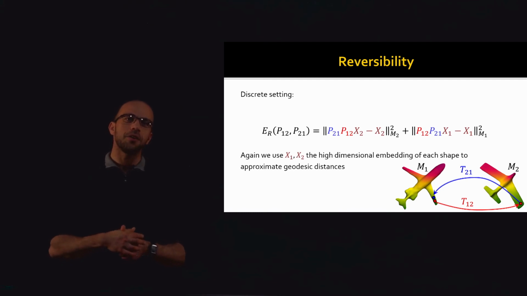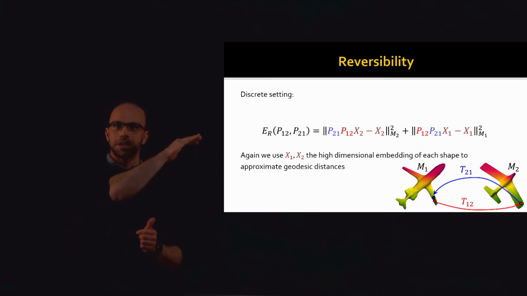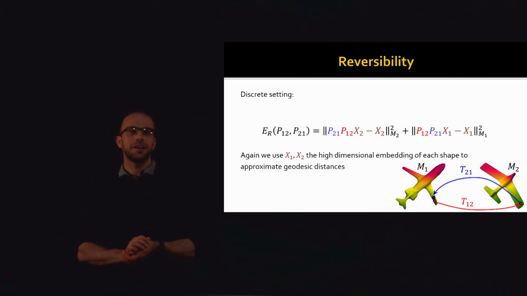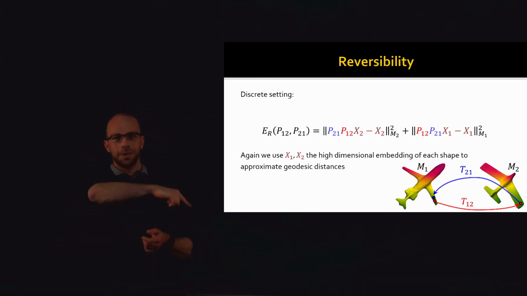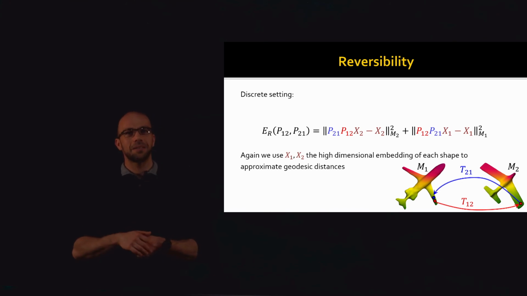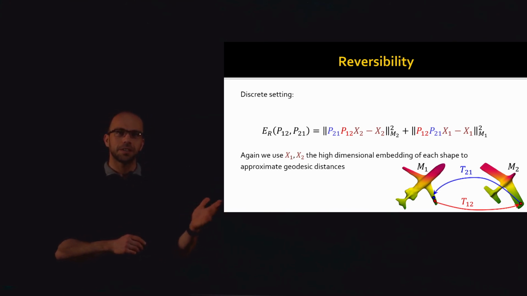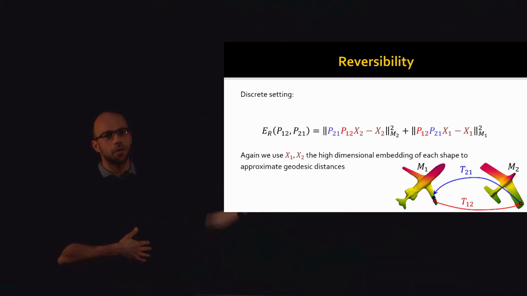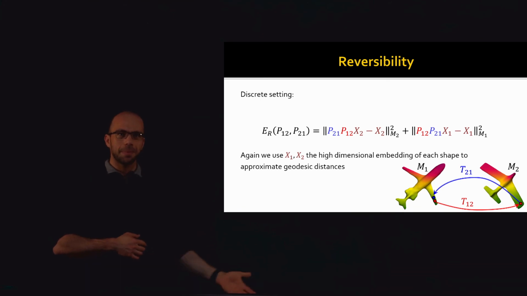So we're going to add a new variable p21, which is the mapping in the other direction. And so in addition to our Dirichlet energy terms, our reversibility term here is going to compose the forward and reverse maps, p21 and p12, and ask that we get the identity. And so one way we can do that is expressed on the slide here, where we're just going to take the coordinates from the original surface, map them to the target surface, and map them back.